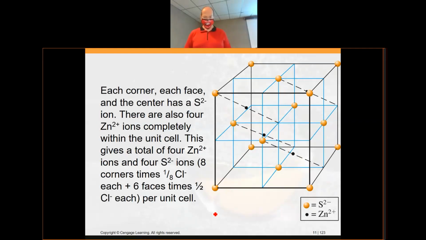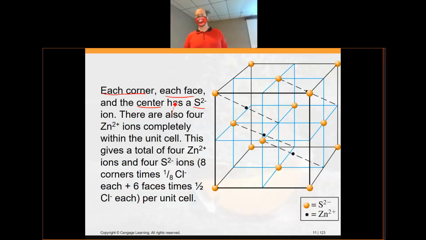Each corner, each face has the center. All right, so each corner and each face and the center has the S-2 ion.